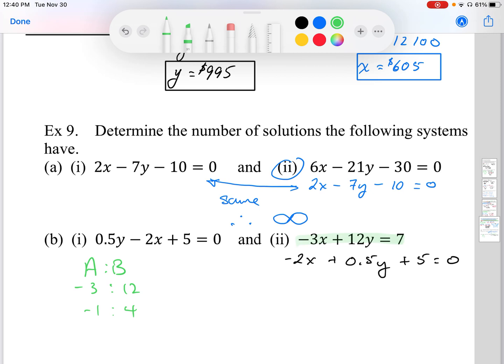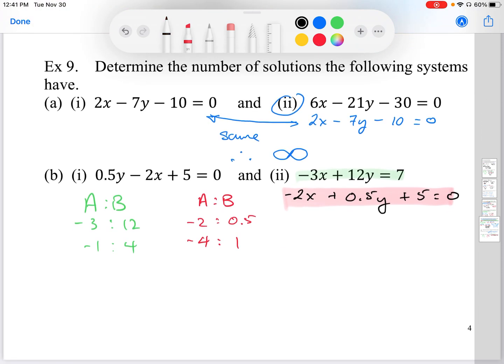The A to B ratio in the second equation is different. So in this equation, the A to B coefficient ratio is negative 2 to 0.5, which I'm going to make negative 4 to 1. Okay, now although the numbers are the same, they're backwards, so the ratios are different. So the ratio of A to B is different.